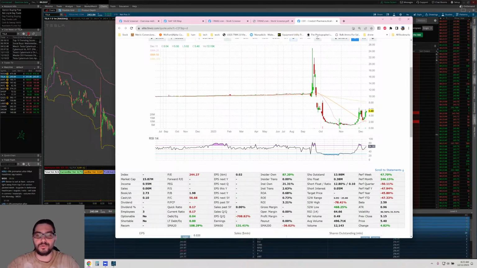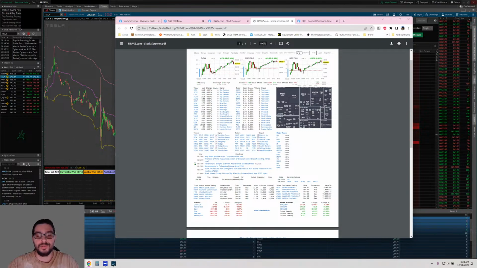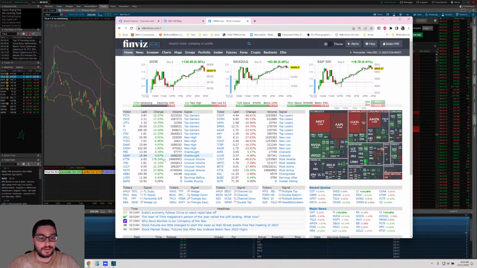I think that's really useful. I used to print these out and have them printed in order. I don't do that anymore, and I don't even save these home screens like I used to, but I do recommend it, especially when you're learning. It can give you a really good idea on different ticker stocks.